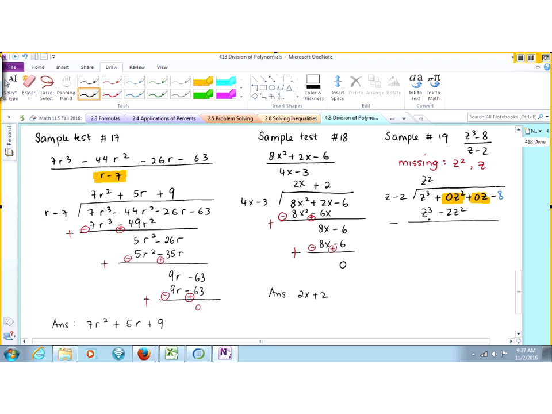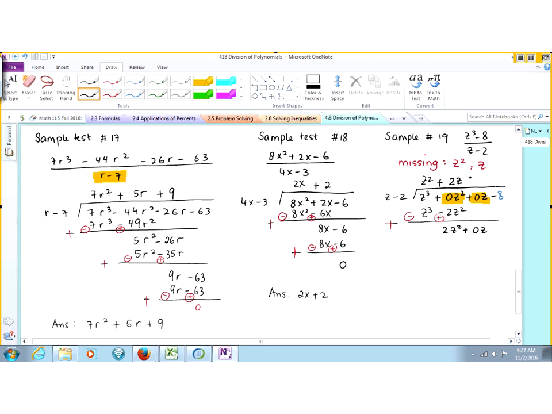Yes. Are we okay so far? Okay, now we subtract. So when you subtract, what do we have here? We add with the opposite. Okay. So 0z squared plus 2z squared. 2z squared plus 0z. Okay, good. Now 2z squared divided by z.